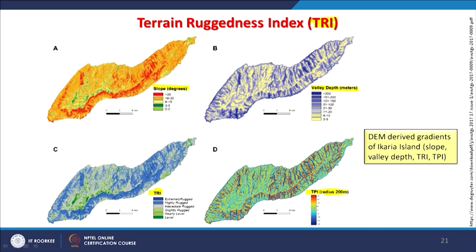Of course, TPI will depend on the scale or resolution of your input. So, here is only one. The DEM has been employed to calculate slope, valley depth, TRI and TPI. All these parameters or derivatives can be derived employing a digital elevation model, and a lot of useful information can be extracted for various applications.